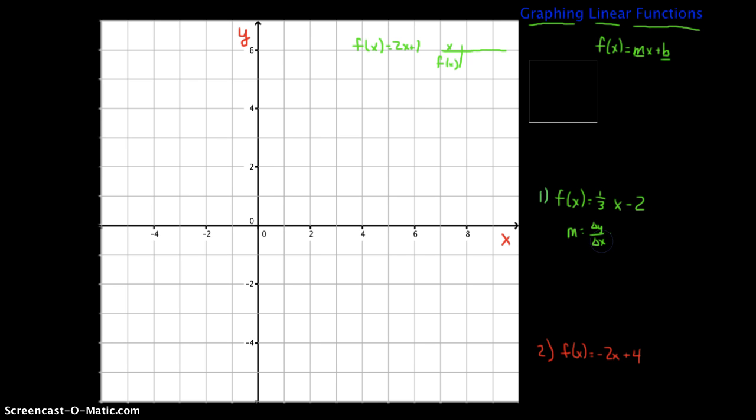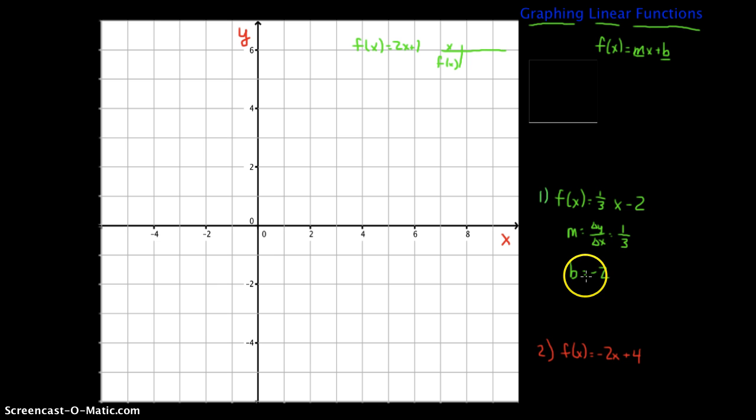The change in y here is 1, because that's on top of the fraction, and the change in x is 3. So when we go 3 in x, we go 1 in y. And my y-intercept, I know right away, is negative 2.